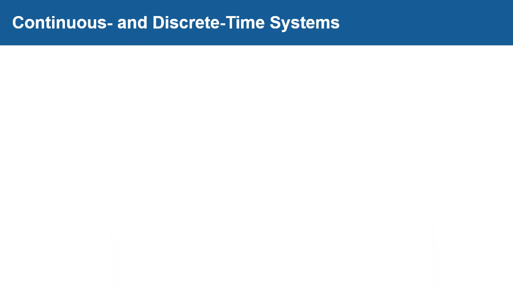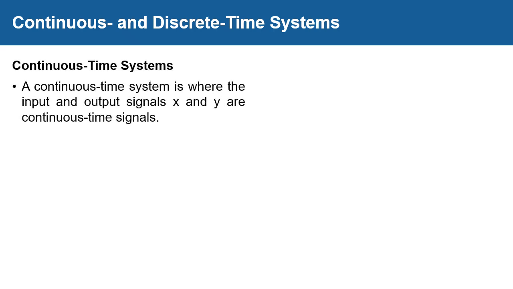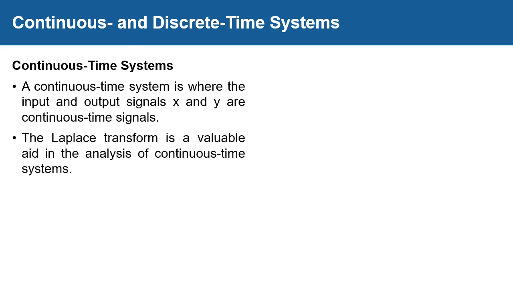And now we proceed to the continuous and discrete time systems. First, continuous time systems. A continuous time system is where the input and output signals x and y are continuous time signals. For continuous time systems, the Laplace transform is a valuable aid in the analysis.